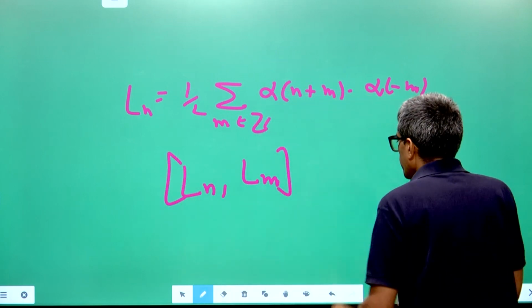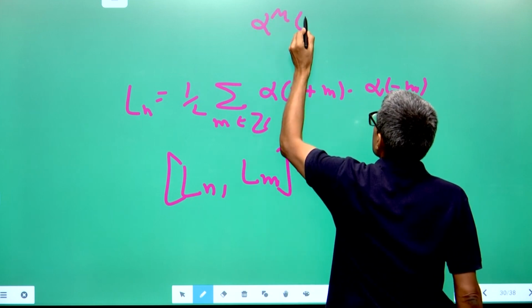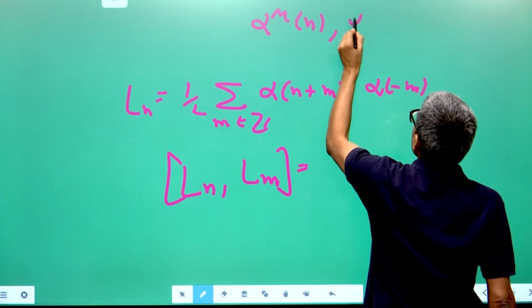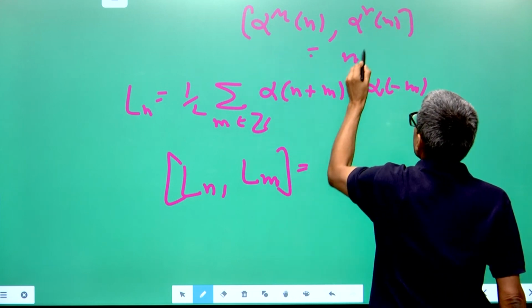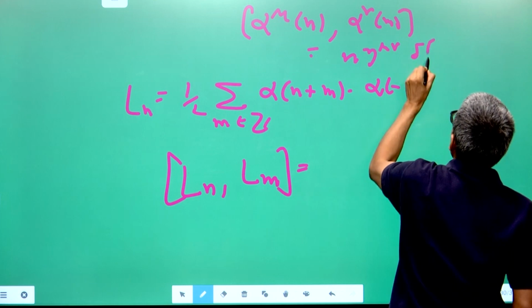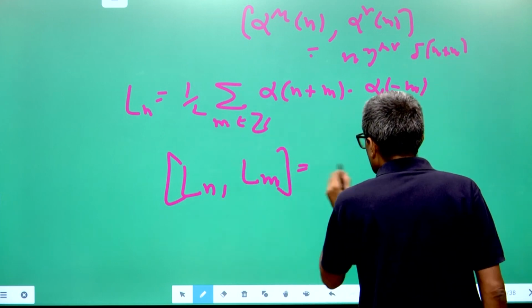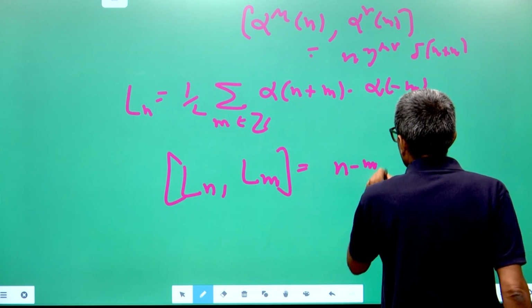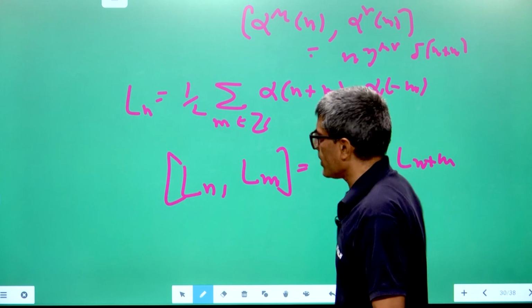Using the commutation relations between the alpha mu's which we discussed some time back, alpha mu n with alpha nu m gives n times eta mu nu delta n plus m. If you use these to calculate the commutator of these two, it will come out to be n minus m times ln plus m everywhere except when n equals minus m.